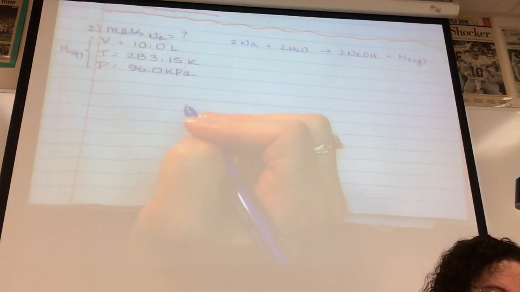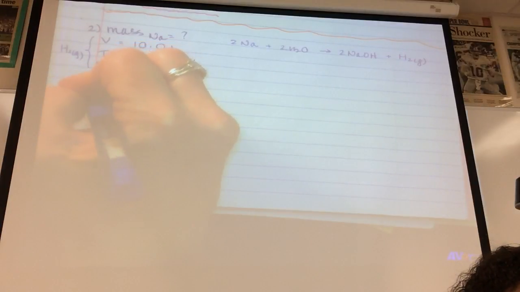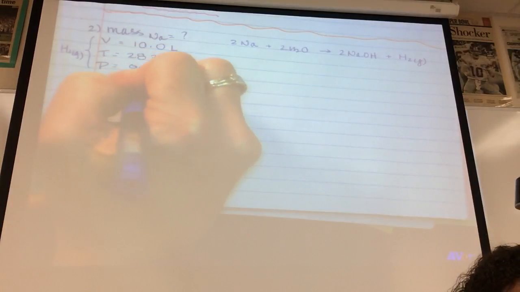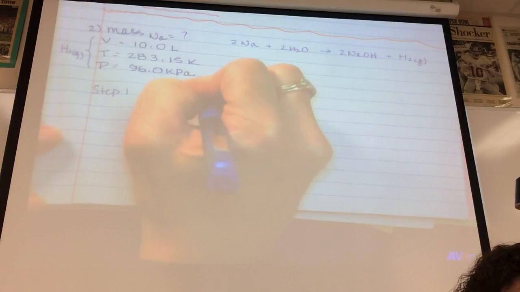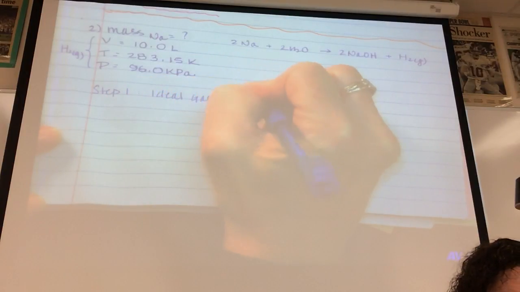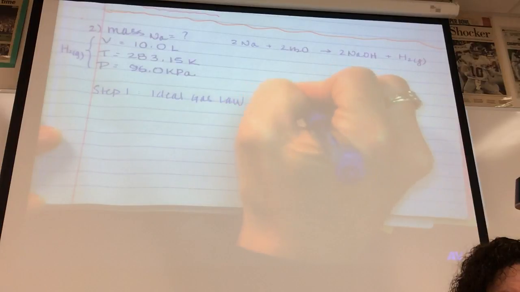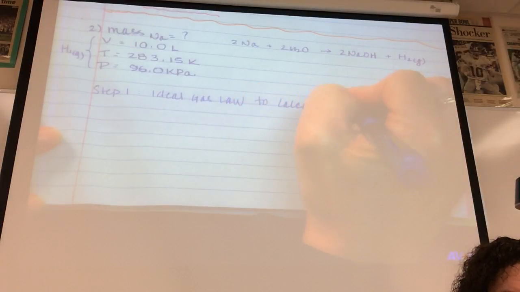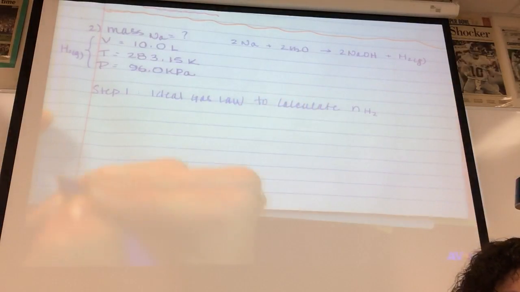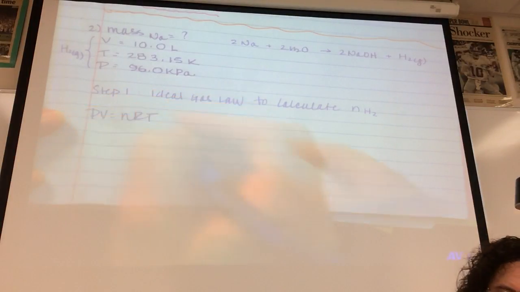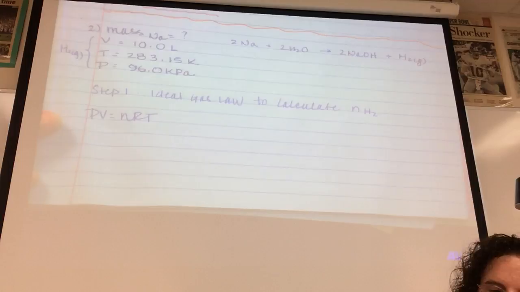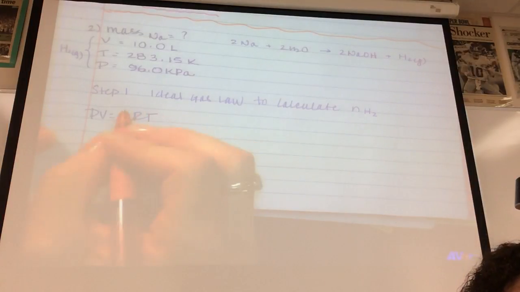Now this time we're going to run it all backwards. In step 1, we're going to use the ideal gas law to calculate the moles of the hydrogen gas. So we have PV is equal to nRT. What would N be equal to if you manipulate the variables?